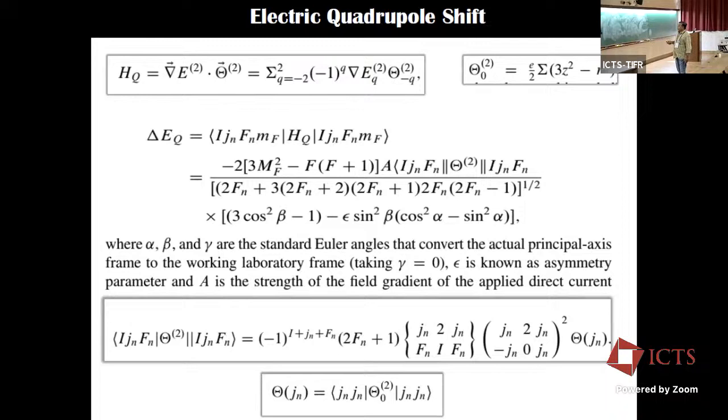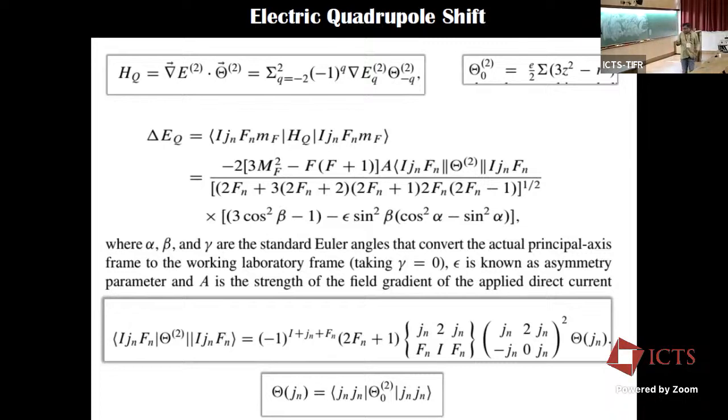That can also be related with the atomic quadrupole moment, and using this you can evaluate the quadrupole moment of any atomic system using these expressions, and the corresponding operator is given here. Then using this expression, you can estimate the quadrupole moment of hyperfine levels, and from there you can find out the quadrupole shift for any hyperfine level states.